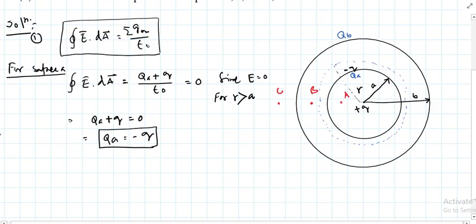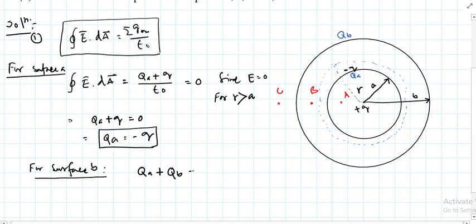What about the second surface? For surface b, the total charge, if I consider that, would be Qa plus Qb.